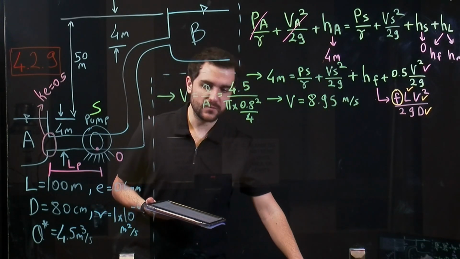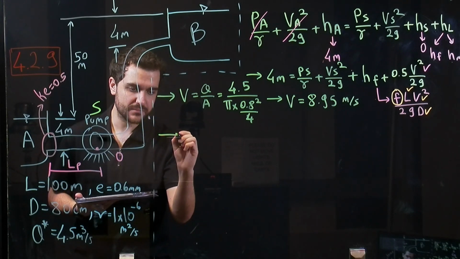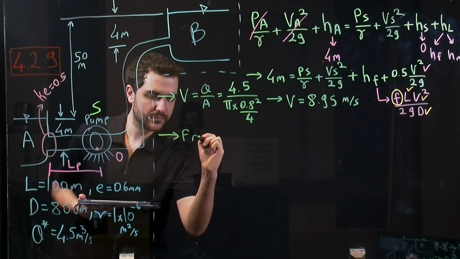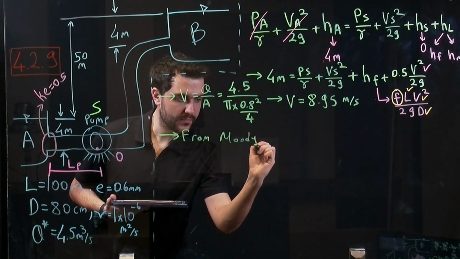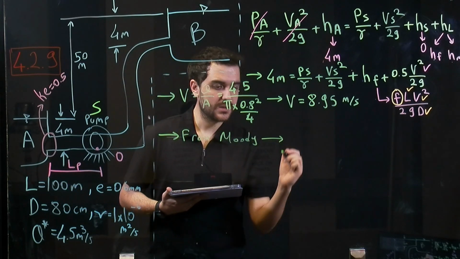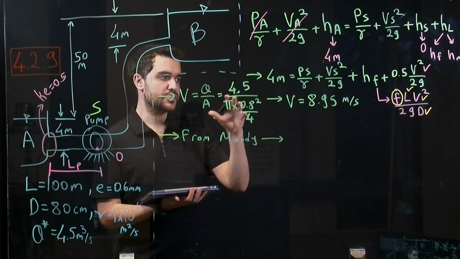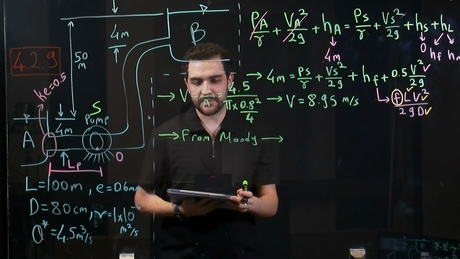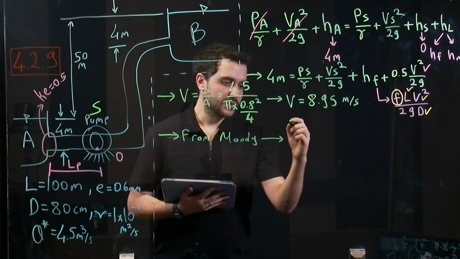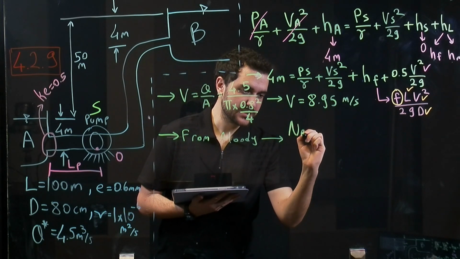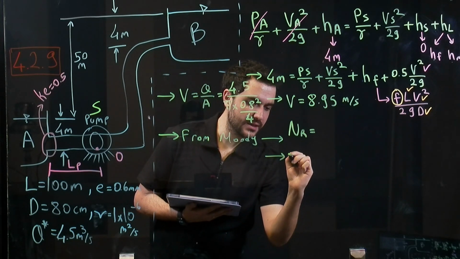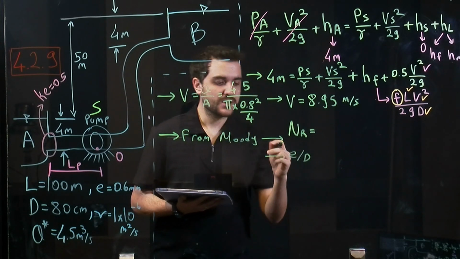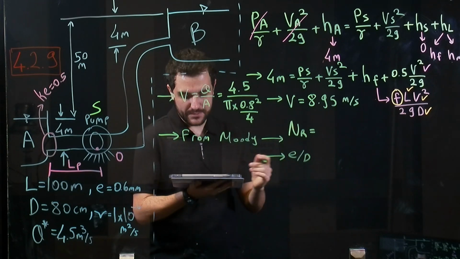So as always, we are going to use Moody diagram. And to check the friction factor from Moody diagram, we need two terms. The first one is Reynolds number, and the second one is e over D, which is the roughness over diameter.